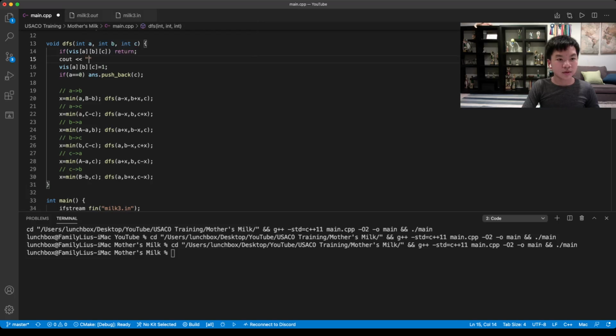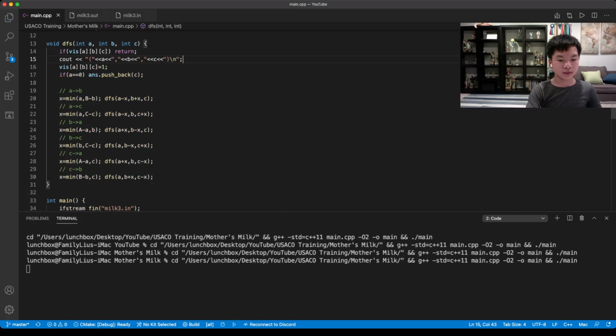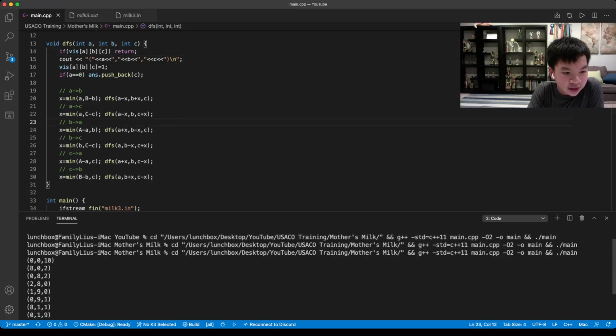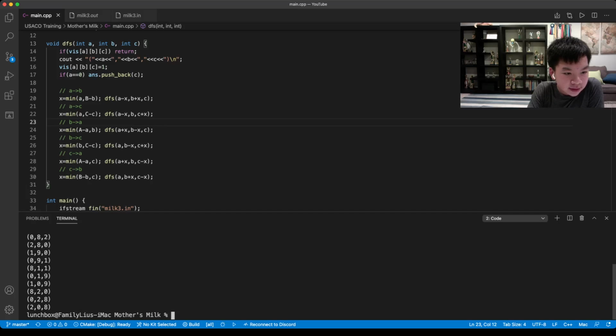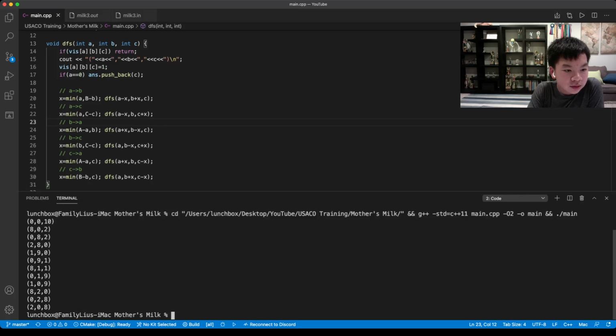Okay, so A, B, C. Okay, so we actually have a lot of states. So I can look at this. Originally we have 0, 0, 10, which is what we want.